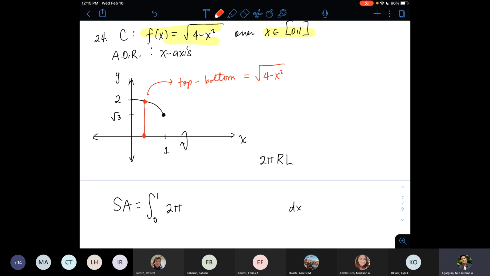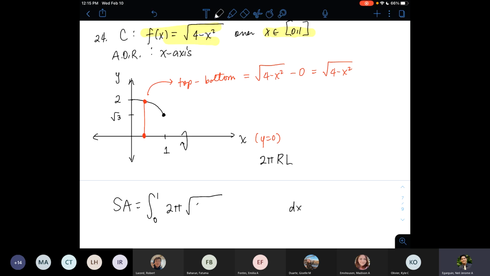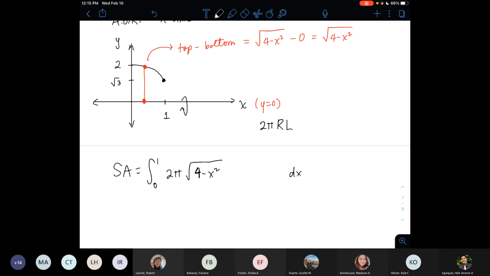The bottom function is y equals 0. That's the equation for the x-axis. So this would be root of 4 minus x squared. That would be the radius here. And then remember the next factor would be the length of the curve, or the integrand in the formula for the length of the arc.